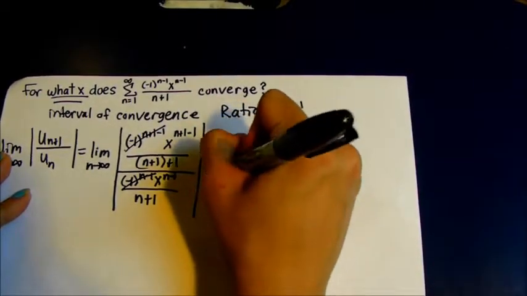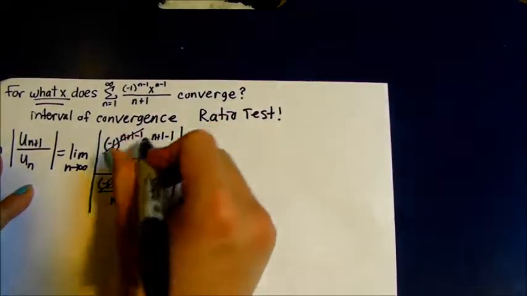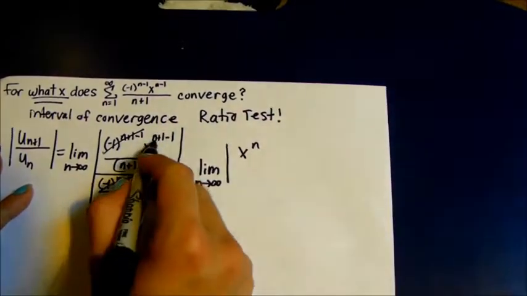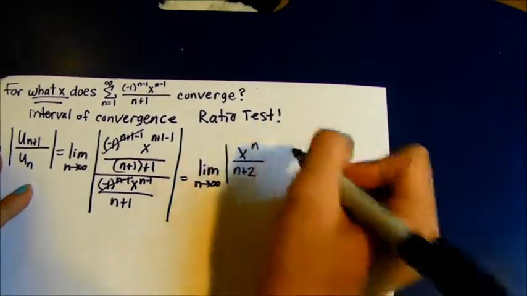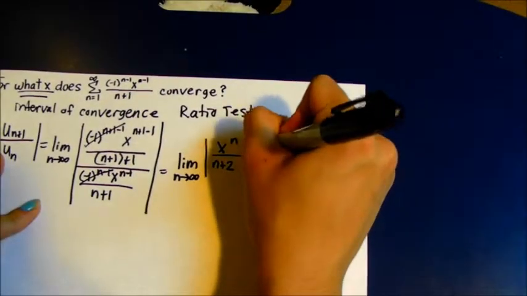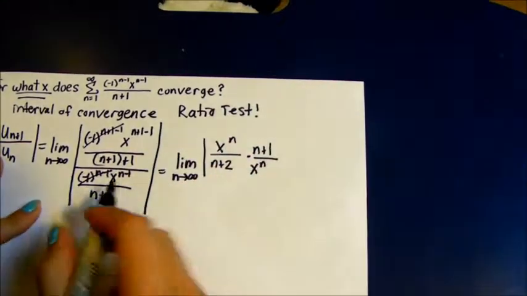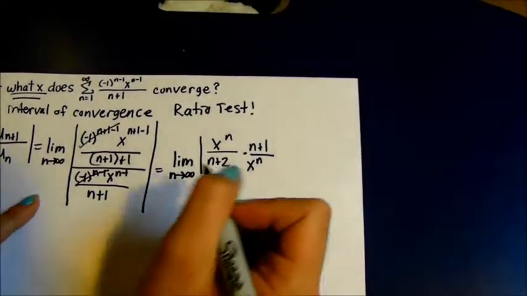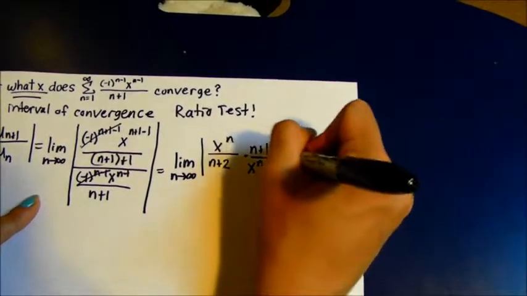So now the limit as n goes towards infinity of this becomes x raised to the n, because it's 1 minus 1, all over n plus 2 times, I'm going to flip this up, n plus 1 over x to the n, and then it's x raised to the n minus 1, which is the same as x to the n times x to the -1.